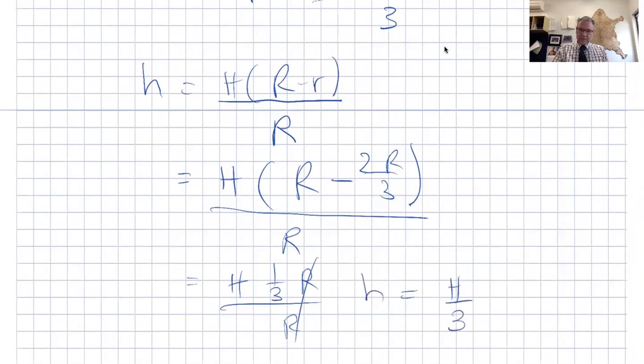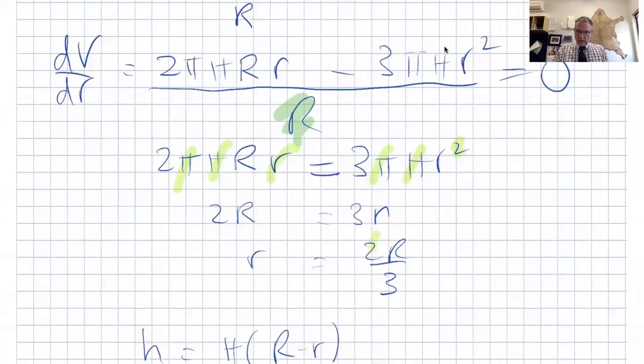So the height is H over 3, and the radius is 2R over 3. And that's wonderful. We're finished.